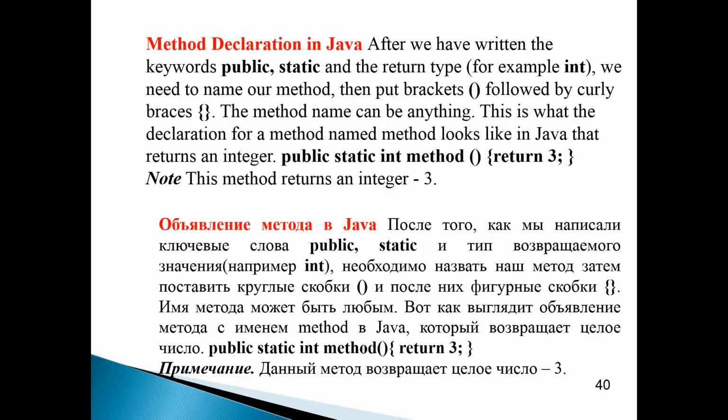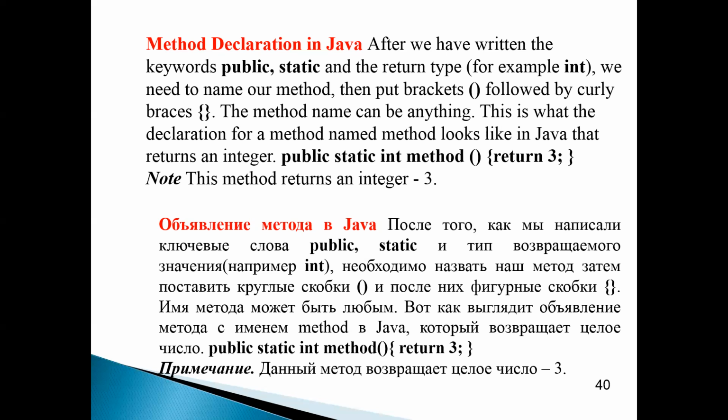Method declaration in Java. After we have written the keywords public, static, and return type, for example, int, integer, we need to name our method, then put brackets followed by curly braces. The method name can be anything.